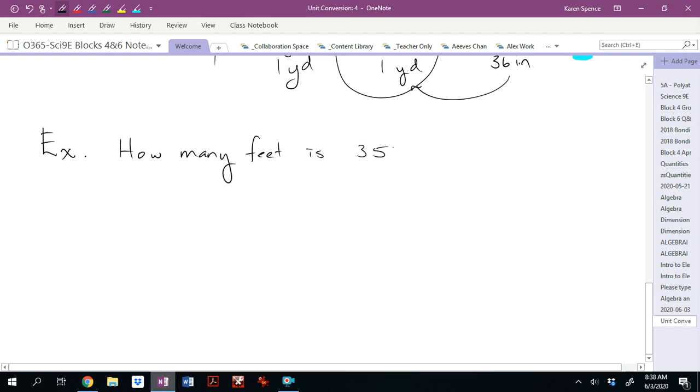how many feet is 35 yards? Well, in each of these questions that we've done up till this point, we have looked for a quantity that we want to find out about. How many feet? We have a question word here. How many is one of the question words.